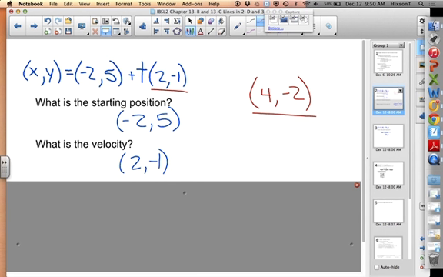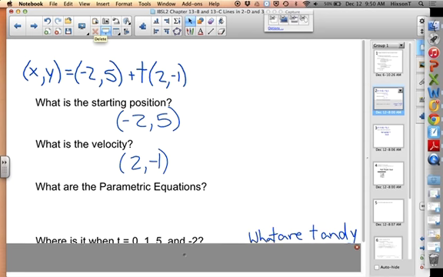So while these two lines would be going the same direction, this one would be going twice as fast. So slope is related to velocity vectors, but it's not exactly the same thing.